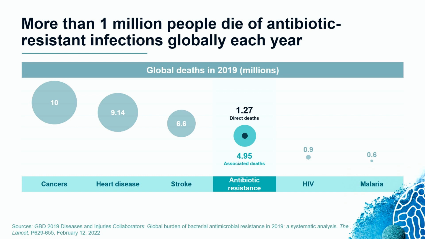We know they're an underestimate because if you actually look at the countries which they sampled and got data from, it's not fully comprehensive across the globe. So if we take this as an underestimate, these are huge, huge numbers of resistant infections, either directly causing people to die or highly associated with people dying.